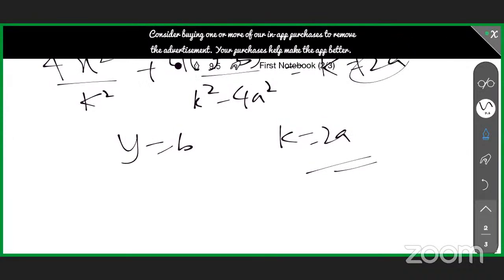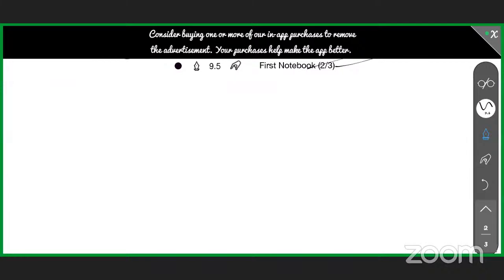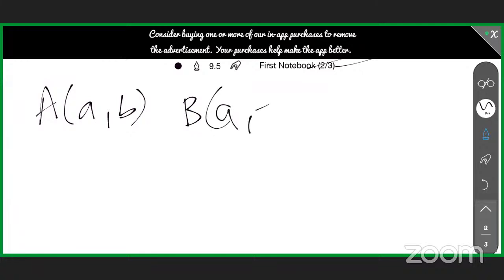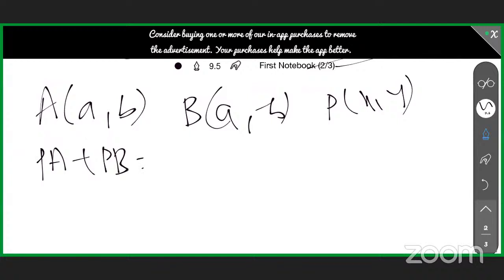Now, if you look carefully, the given question is not that tough. The given question is like this: points (a, b) and (a, -b), and point P(x, y) satisfies a condition either PA plus PB is equal to some constant k, or modulus of PA minus PB is equal to some constant k.